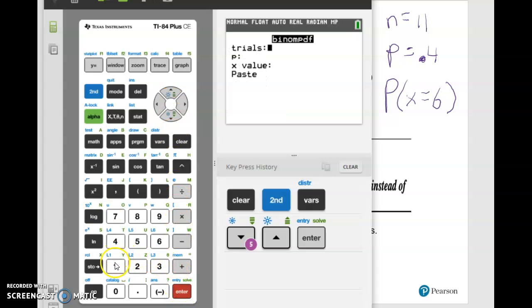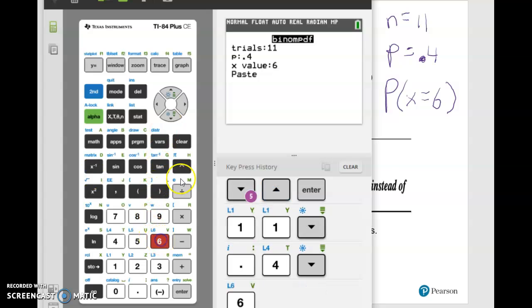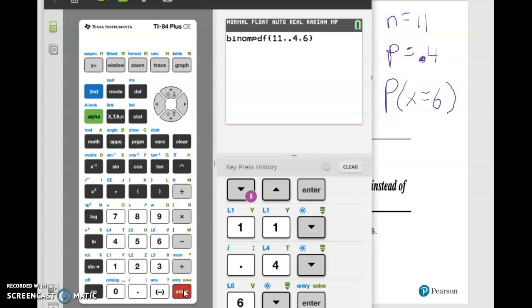My number of trials is 11. Probability of success is 0.4. That would be given to you in the problem. And I'm finding the probability of exactly 6. And then I will calculate and press enter. And I'll have the probability of 6 successes in 11 trials is 0.147.